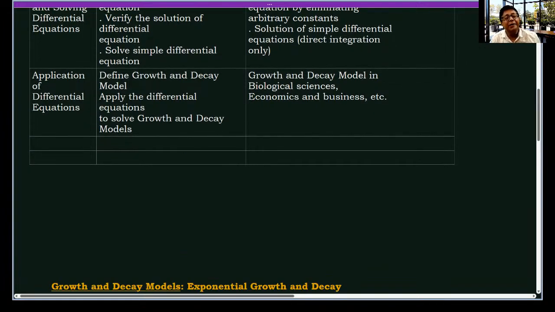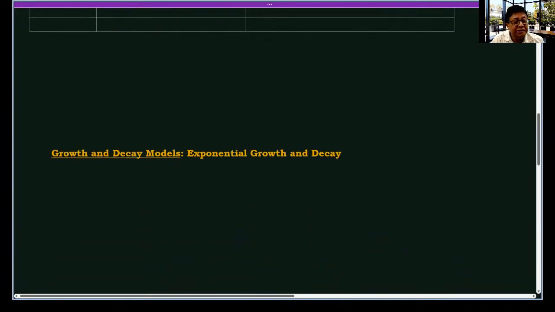So let me explain in brief what is growth and decay model. Just before I start, I ask you one question, because you are doing commerce, you are whether arts student or not, that doesn't matter here. Money will grow.